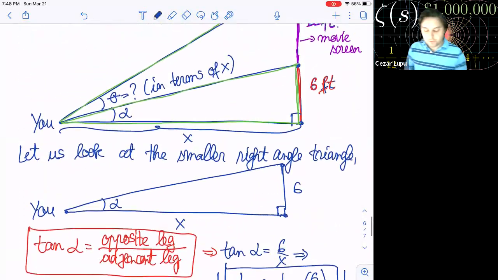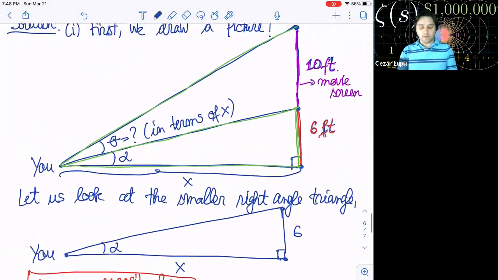And now let's move to, I would like to express theta. What can you tell me about theta? You see, unfortunately, the second smaller triangle is not a right angle triangle. So we cannot do the same thing, but we can do something. We can look at the big triangle, right?